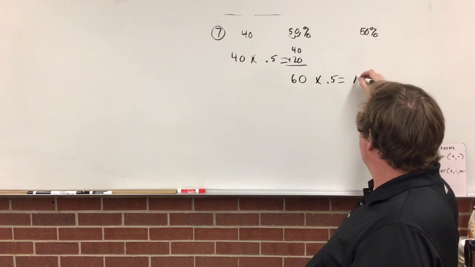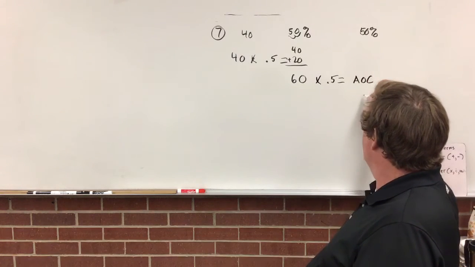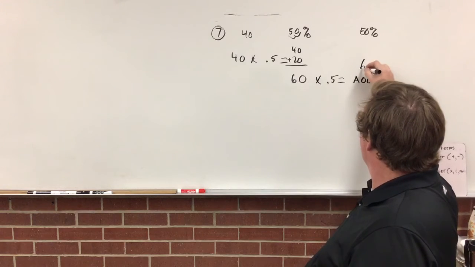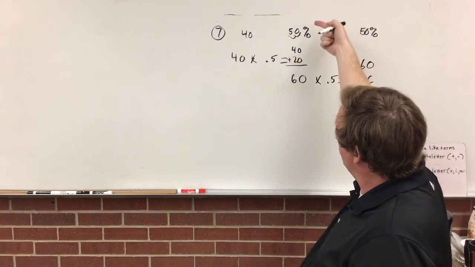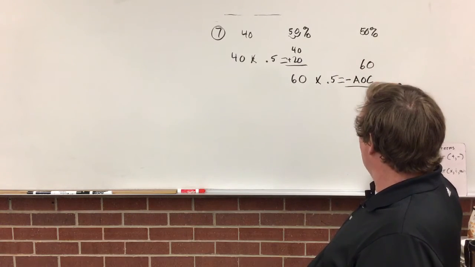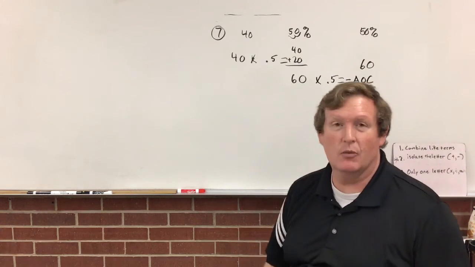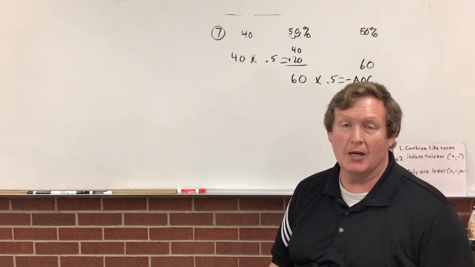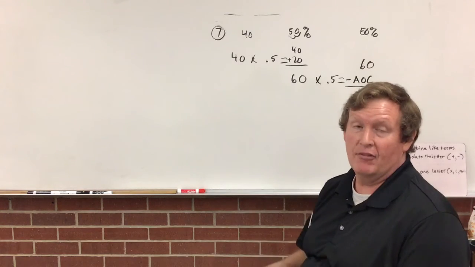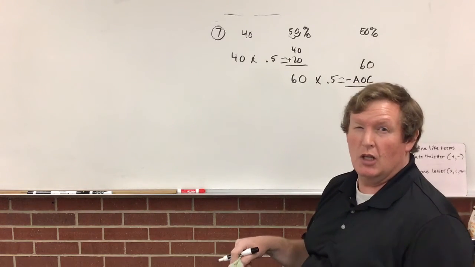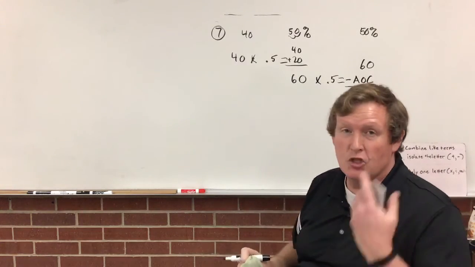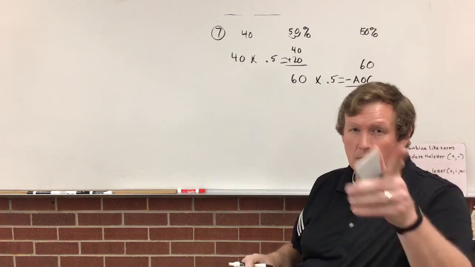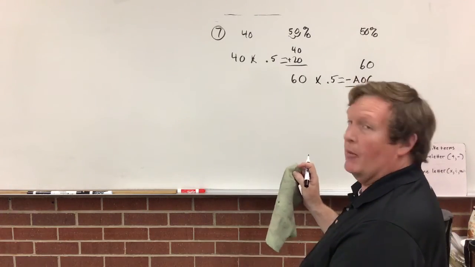That will give us a new amount of change. And then we're going to subtract it now. We added when we marked it up, but on the second half, you have to subtract. This is the new price they want to know. I'm going to leave that second half for you to do. If you think logically, what's half of 60, you'll know what the amount of change is before you multiply it. All right. There's how we do number 7.